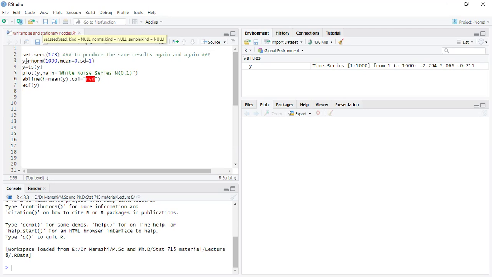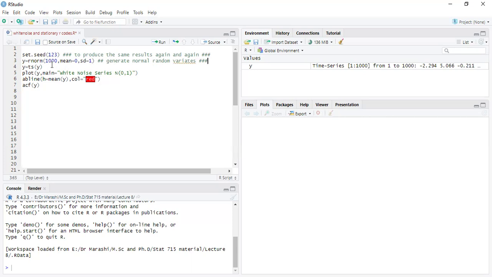Now, what will be our series? This will be our series. We are just simulating the series using what? I'm going to generate normal random variates with mean equals zero and standard deviation equals one.